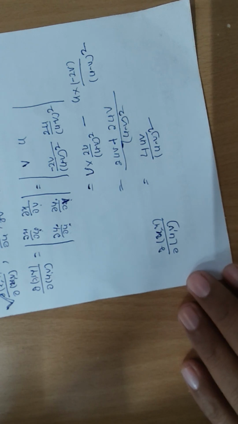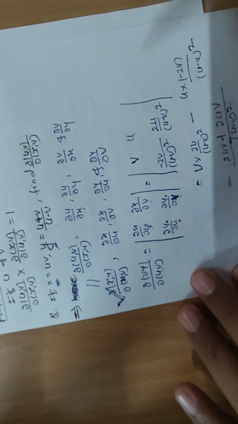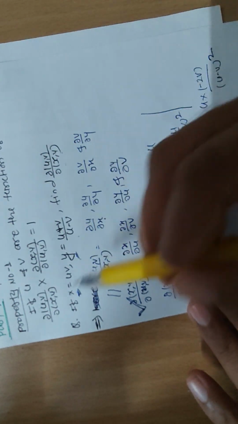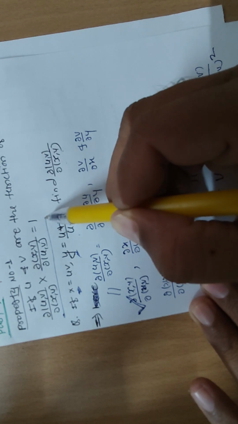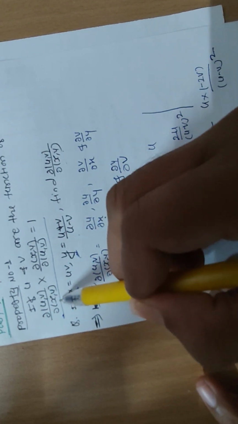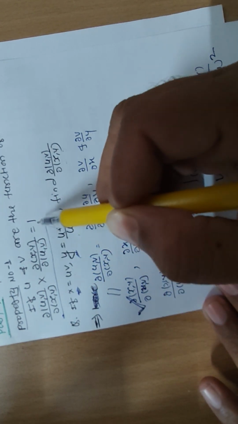But we have to find ∂(u,v)/∂(x,y). So we use this property: ∂(u,v)/∂(x,y) multiplied by ∂(x,y)/∂(u,v) is equal to 1.